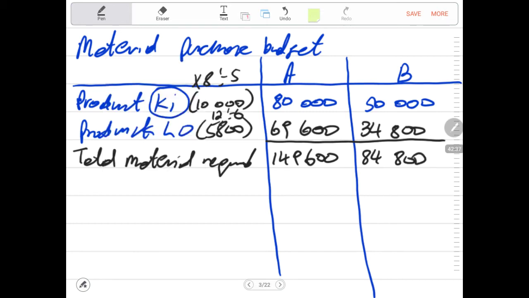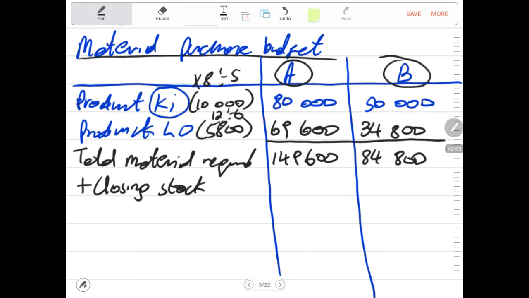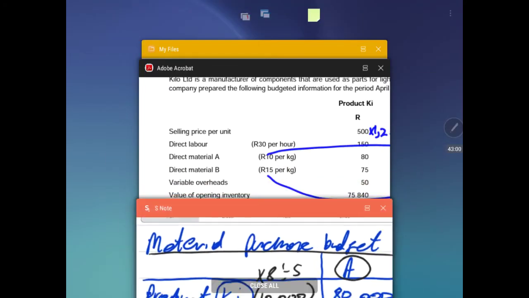Then we have to say plus closing inventory, plus closing stock. Remember, what are we busy with? We're busy with material A and material B. This is the material budget, so we need a closing inventory of the raw material. Now, did they give us closing inventory?